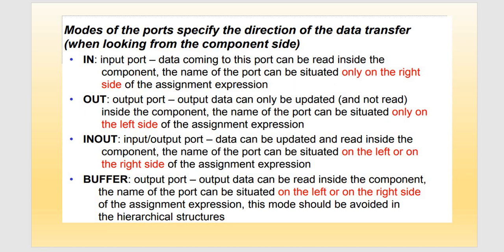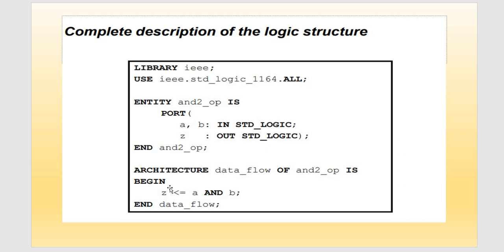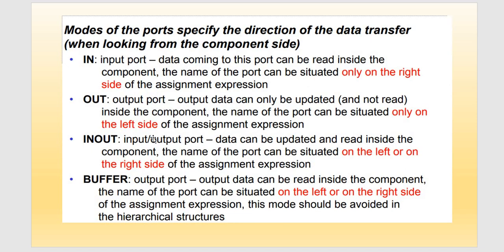So in the previous assignment operator, you can see this is on the right side, which is in, and this is on the left side. So out is always only on the left side. In the previous example, Z was out and on the left side. And as far as inout is considered, both ways are allowed. And buffer is an output port where output data can be read inside the component.